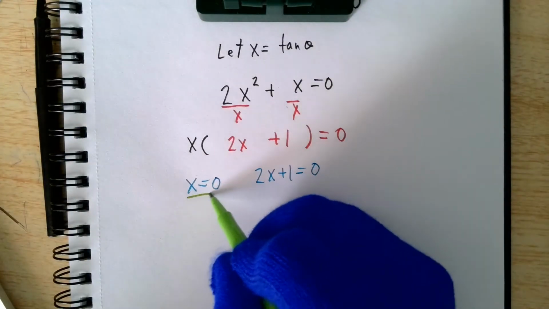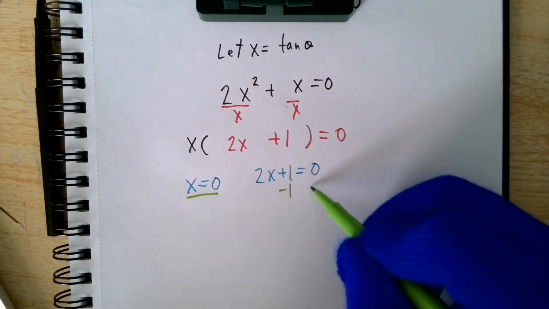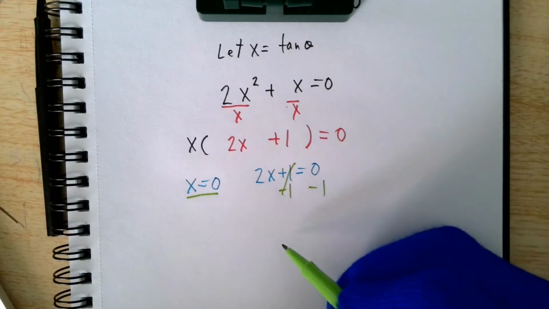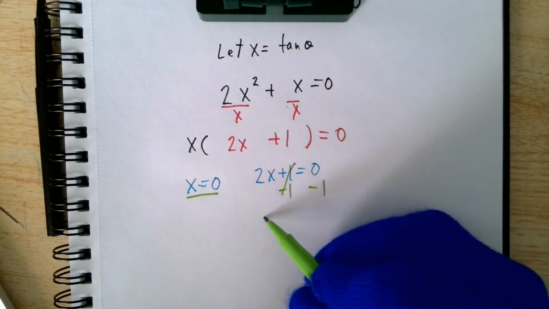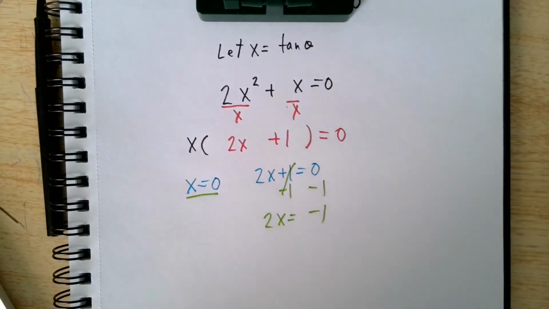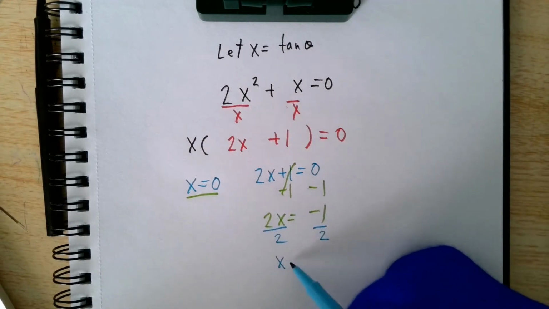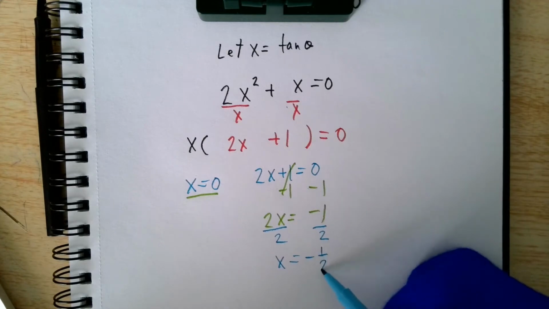This one is solved, leave it alone. This one, we subtract 1 on both sides. This cancels, and I get 2x equals negative 1. From here I divide both sides by 2, and I get x equals negative 1/2.